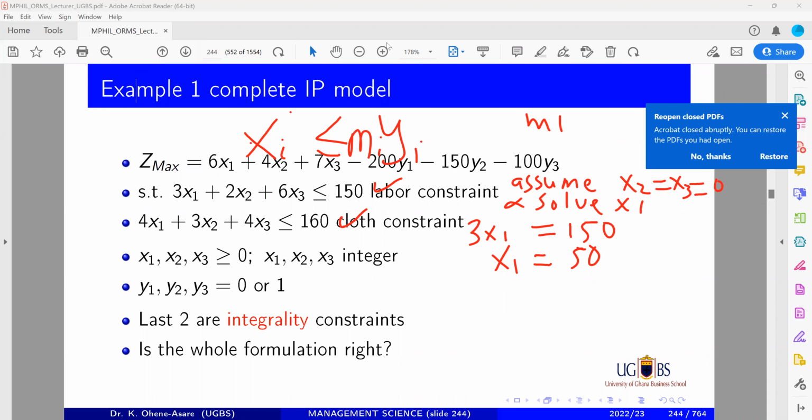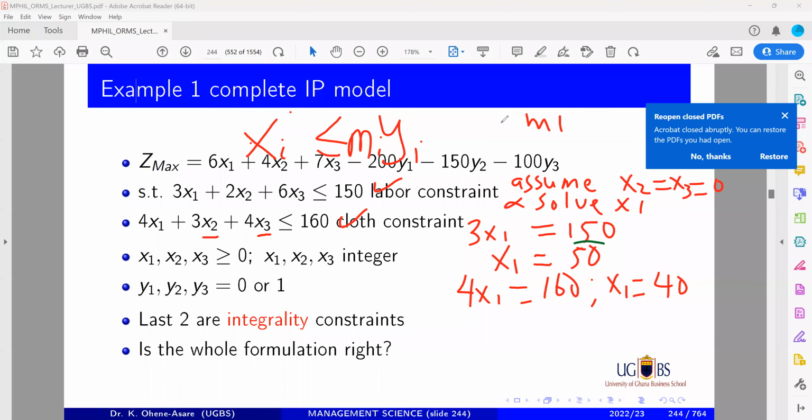Let's go to the second constraint. In the second constraint, if x2 is 0 and x3 is 0, what will be the value of x1? You will have x1 equal to 160, which means that x1 is equal to what? Make sure you are working it out. Okay, all right, it's 40. The question is, you now have two values of x1.